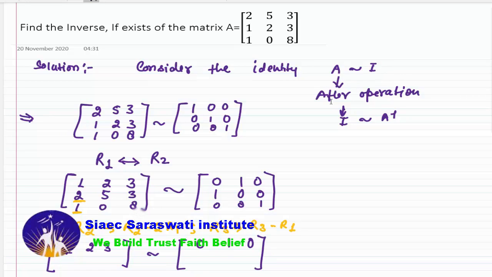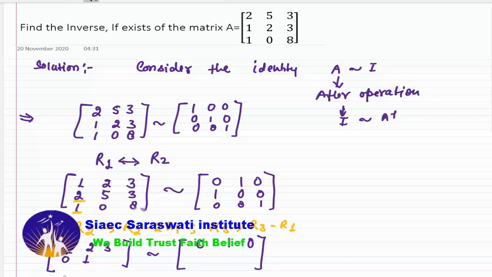Since the elements of R2 and R3 will change, what will change? It will be 0, and when you multiply with 2, that will be 4, and 5 minus 4 will be 1. And that will be 6.